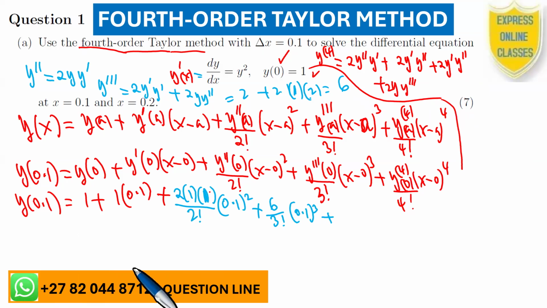So we continue as follows. Okay, let's just calculate these things. So that y double primed is what? Y primed is 1.